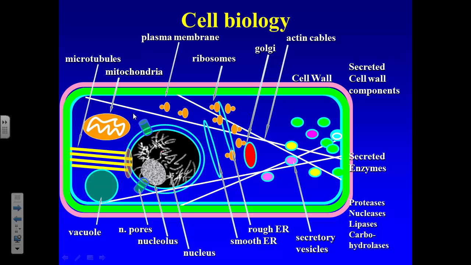Now when fungi grow, as I mentioned, they're eukaryotes, so they have all the things that we find in our own cells, like microtubules, chromosomes, nucleolus, nuclear pores, and an actin cytoskeleton that they use for transporting things.